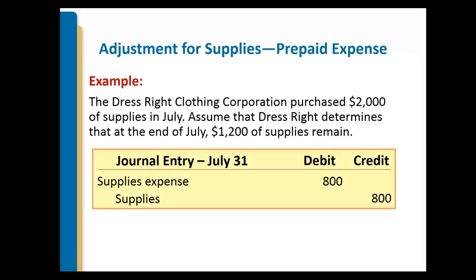So let's look at some instances of how information from an adjusted trial balance may be used to record adjusting entries. From the unadjusted trial balance of the Dress Right Clothing Corporation, we find that supplies of $2,000 were purchased during the month of July. This transaction created an asset as the supplies are going to be used in future periods.